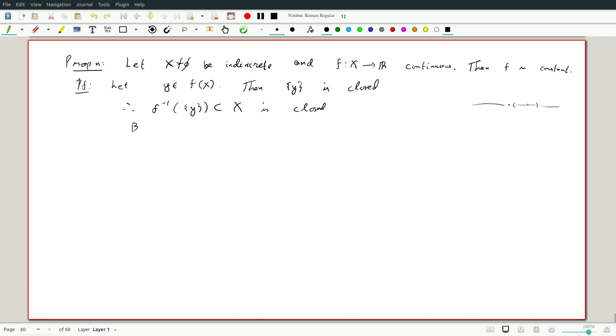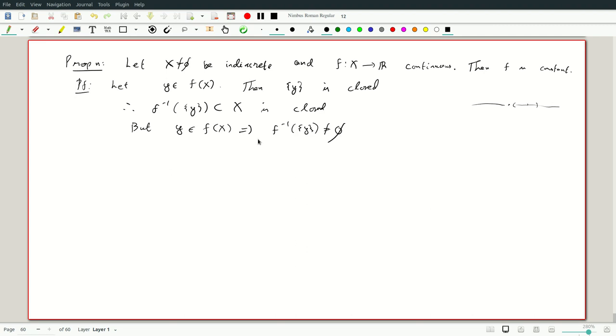But y belongs to the image, which implies that f inverse of y is not empty. I could have picked an x and looked at its image if that's easier to understand. Its inverse image contains that x we picked, and so it's non-empty. But the indiscrete topology has very few open sets and hence very few closed sets.